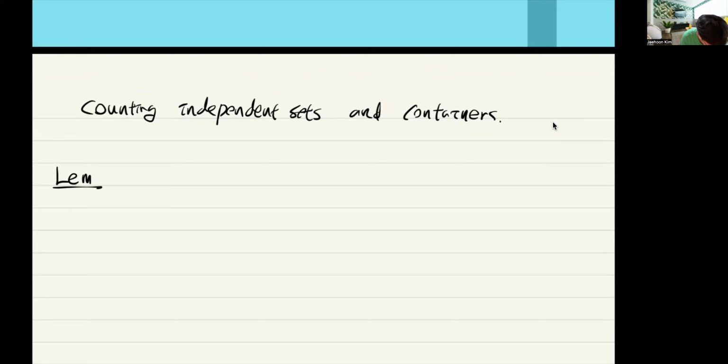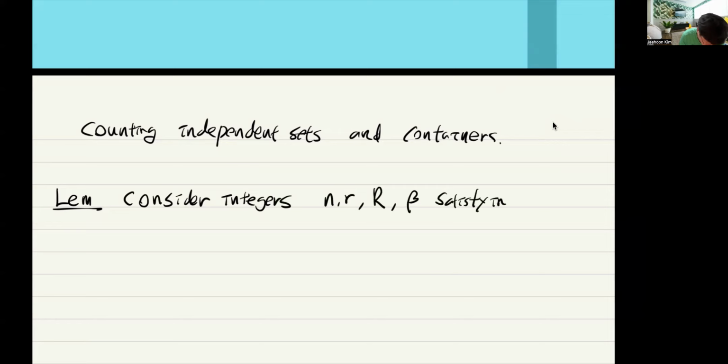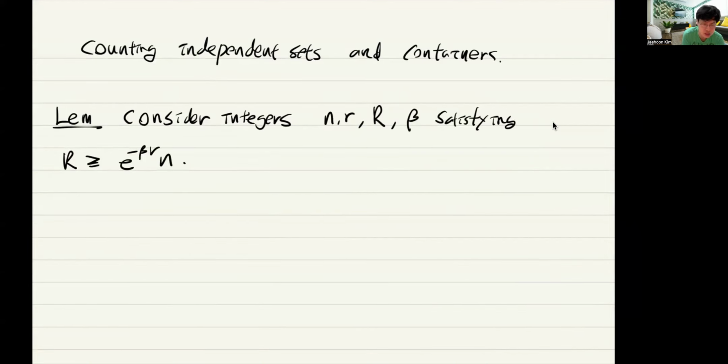So let's consider the following lemma, which gives us an upper bound on graphs which satisfy some locally dense condition. So let's say you have an integer r and R, capital R, delta that satisfies the following inequality: capital R is at least e to the negative beta r times n.